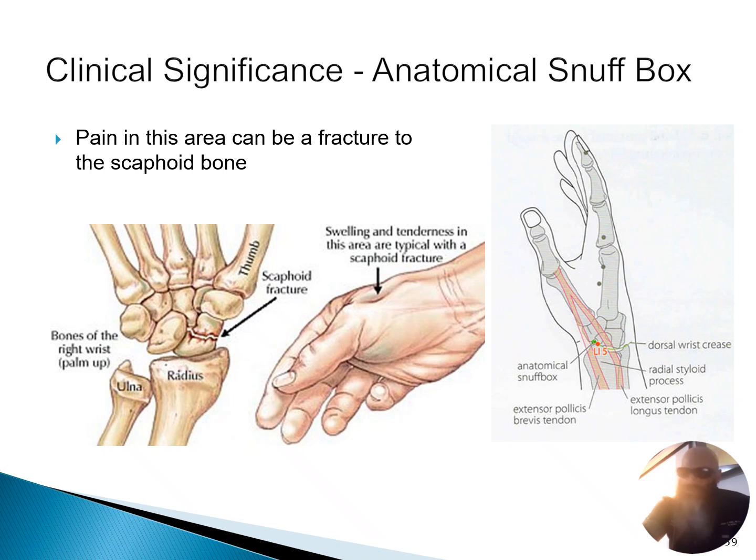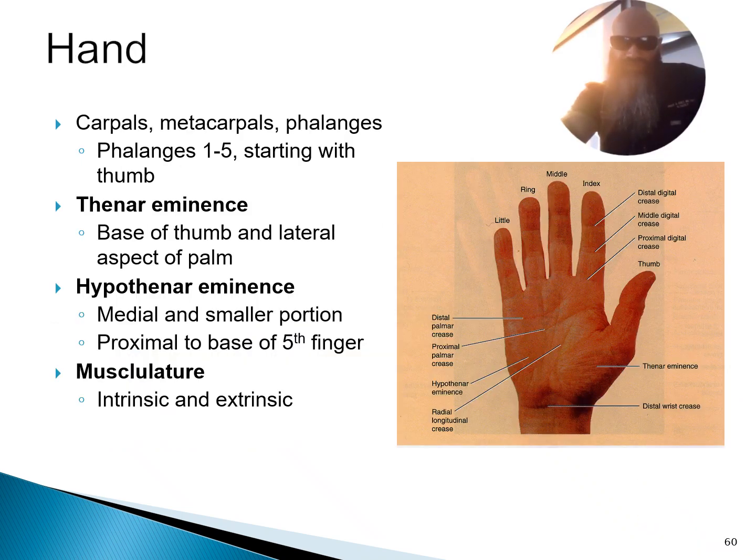So obviously, if you have pain in the anatomic snuff box, you're going to suspect a scaphoid fracture. It could lead to numerous things, as I mentioned earlier, a necrosis of the bone. So also surface anatomy here. The base of the thumb right here, this meaty part of your thumb, that's called thenar eminence, okay?